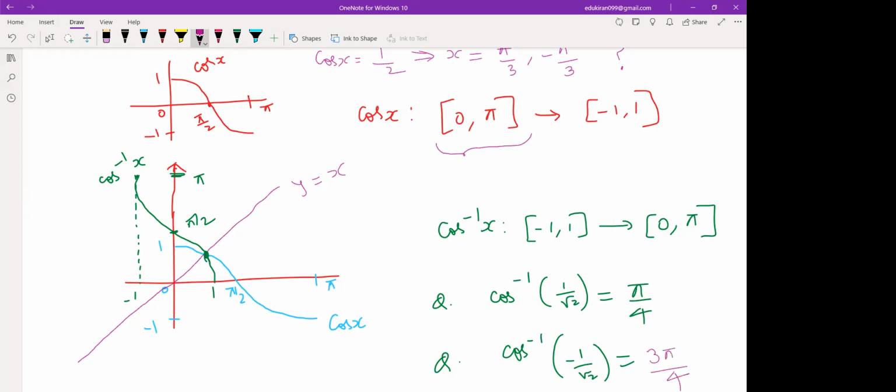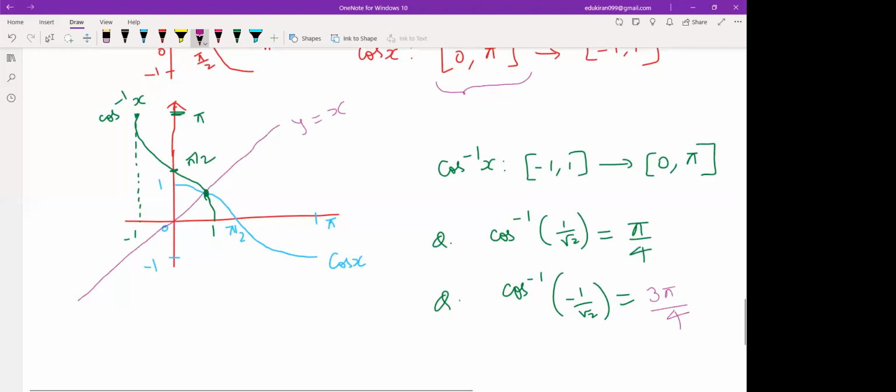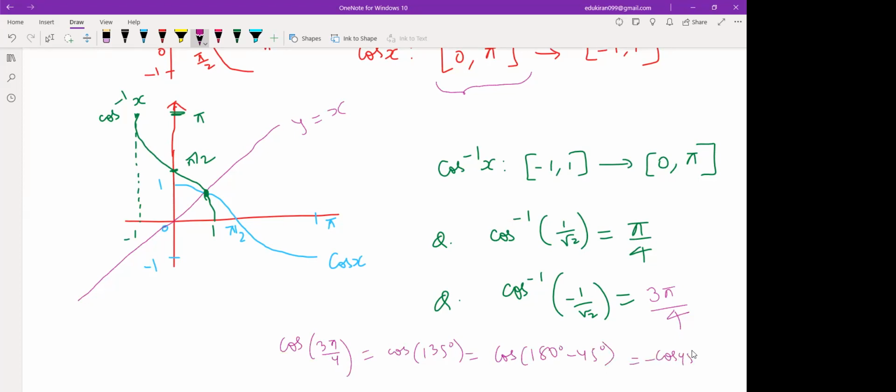Because we know that cos of 135 degrees, that is 3 pi by 4, is equal to, searching in the principal value range, 180 minus 45, which is written as minus cos 45, which is minus 1 by root 2, by the allied angle rule.